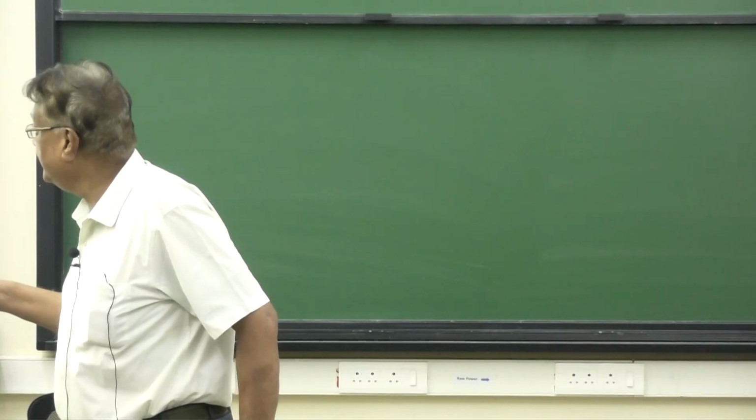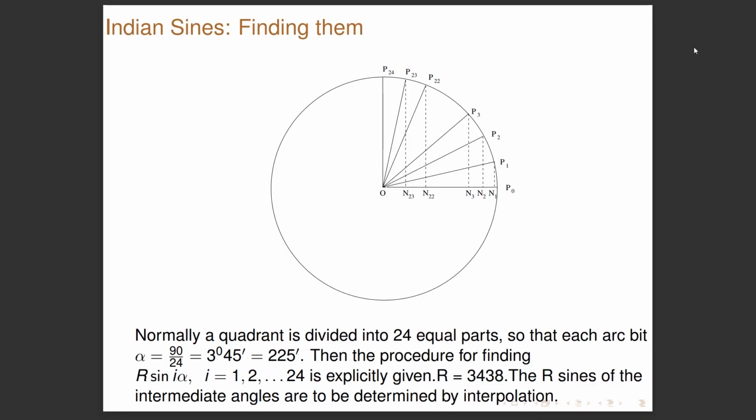This is sin i plus 1. Suppose you take this one, this is 23. So that is R sin of 23 alpha, and this is R sin of 22 alpha. Now this minus this is the difference, the first order difference.